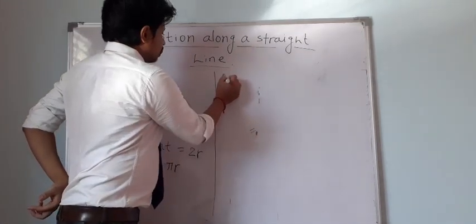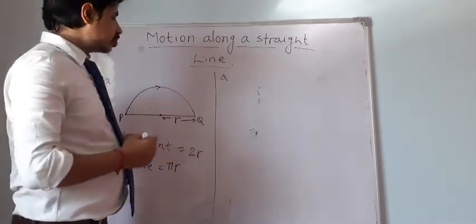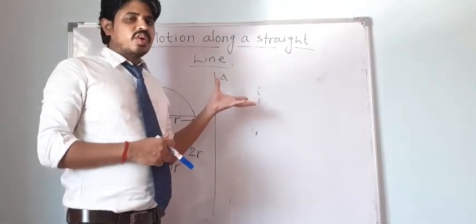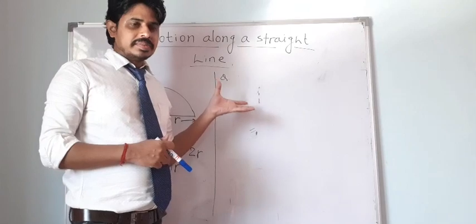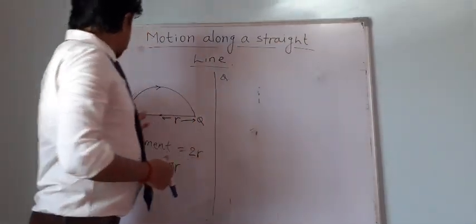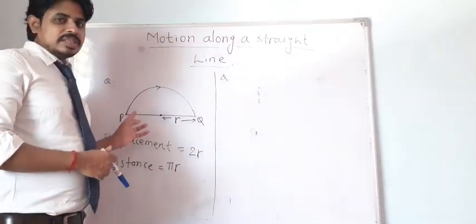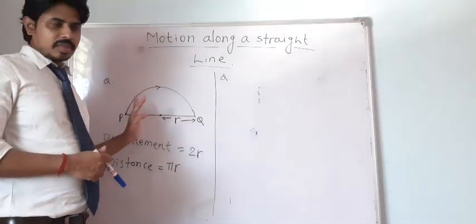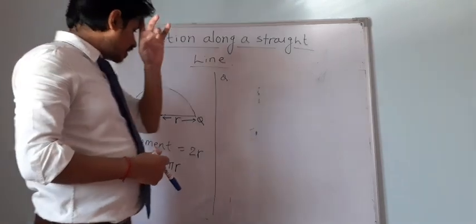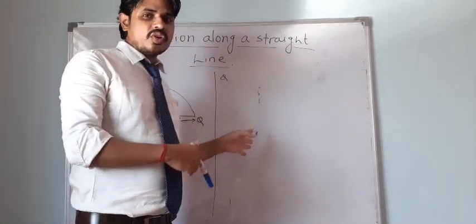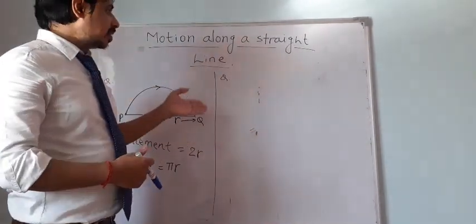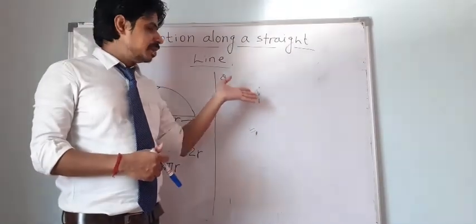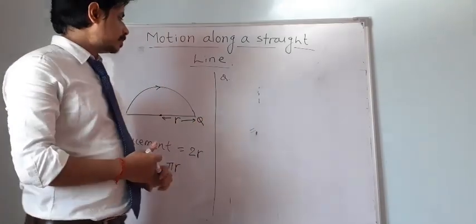One more question. Actually, in this question, I'm going to discuss one type of question, one concept of displacement. See, it is not necessarily that the displacement is always given in terms of 2 points. Maybe the position is given as a function of time, showing how the position changes with time, and we may have to find the displacement.